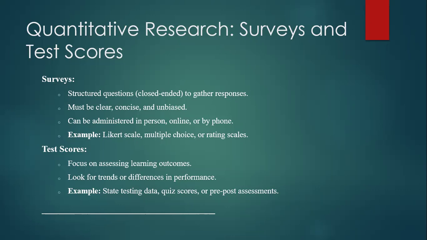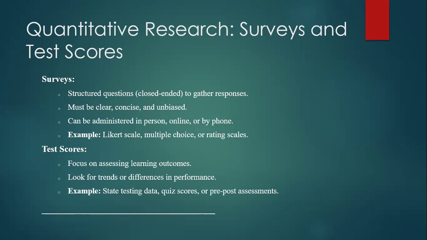You ask a question and say, is it definitely, almost, or not at all? Or, do you like it very much, a little bit, or not at all? That's the Likert scale. Then, of course, there are multiple choice and rating scales, like rating something from 1 to 10, where it falls, whether you like it or not.